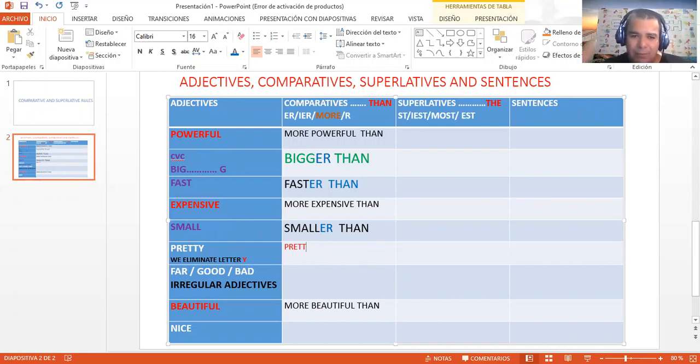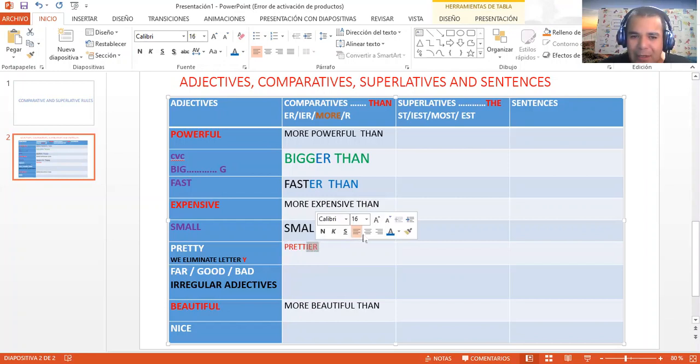So for this adjective, we're gonna use I-E-R. So we're gonna write it at the end right here, I-E-R. And that's the way that we write this adjective into the comparative form.